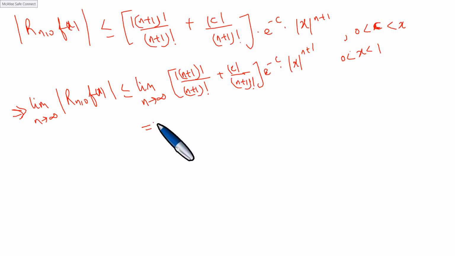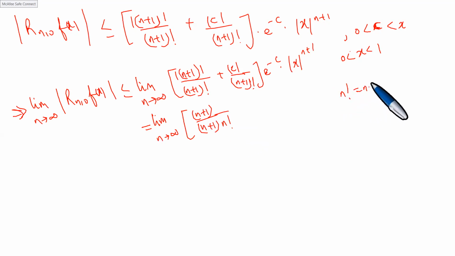Do some manipulations here. This one here is the same as n plus 1, and remove the absolute value there and write n plus 1. Then you subtract 1 from that, it becomes n factorial, because the definition of the factorial is n minus 1, n minus 2, up to 3, 2, 1. By definition, the factorial is defined like that.